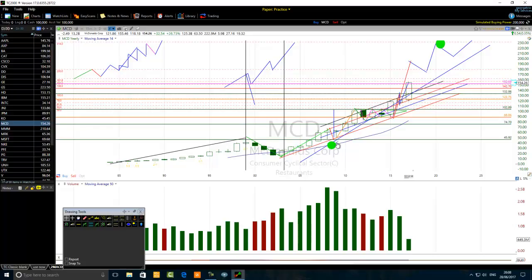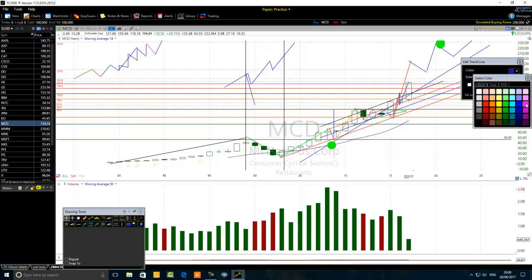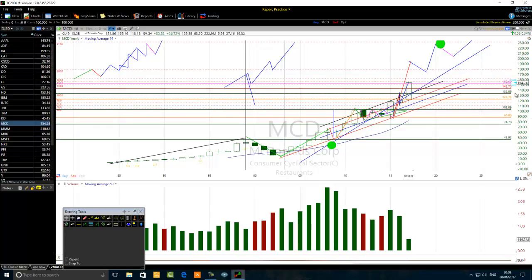So from here all the way up there, that's the third minor wave of the real third wave, followed by the fourth minor wave of the third wave, and the fifth minor wave of the third wave.